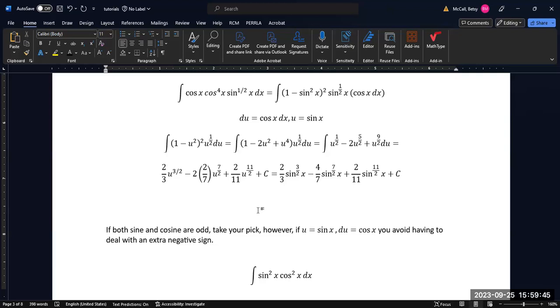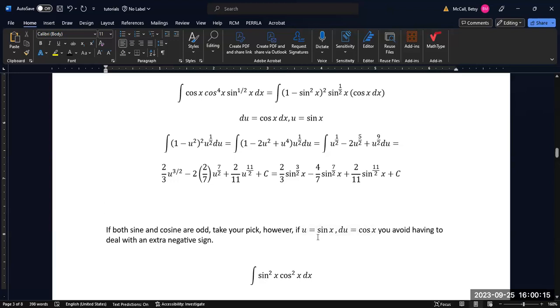In most cases, they will function identically, but they could sometimes be shifted by a constant. That's the only thing that you have to worry about. So if you had cosine cubed, sine cubed, you would get a polynomial in either sine or cosine, because you can follow either the rules for odd sine or the rules for odd cosine.